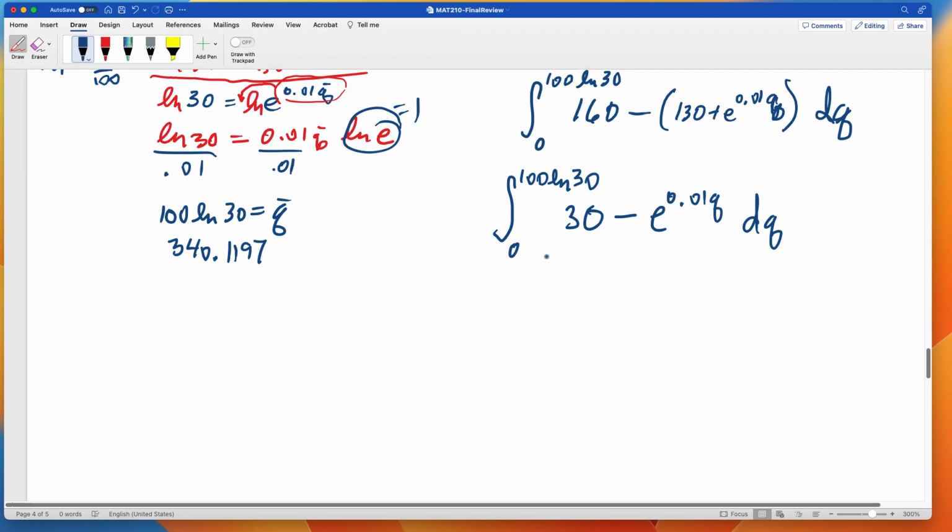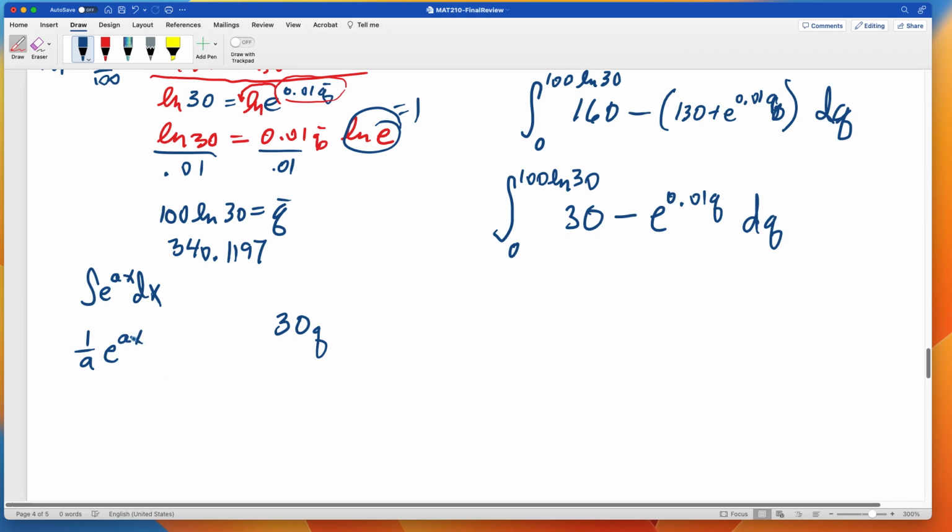We use the fundamental theorem of calculus to plug in our limits, our boundaries, and find the amount. So when we integrate 30, remember that's like 30x to the 0. We end up with 30x, or in this case 30q. We integrate e to the 0.01q, and remember, whenever you integrate e to the ax, it integrates as 1 over a times e to the ax, plus a constant if you want.